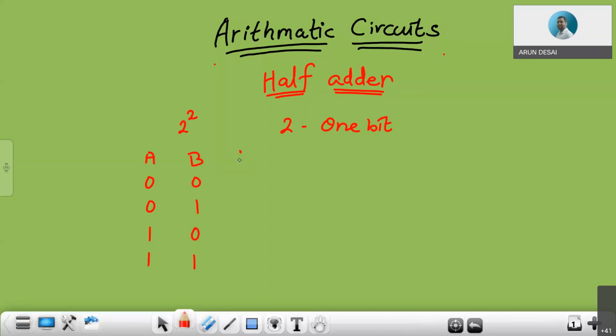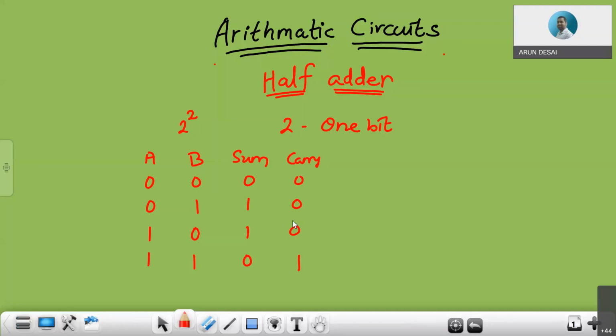So for 0 0 the sum is 0, 0 1 is 1, 1 0 is 1, 1 1 is 0 with carry. So carry we need to consider in this case. In all other cases, carry is not generated, but for 1 plus 1, carry is generated in this half adder circuit.